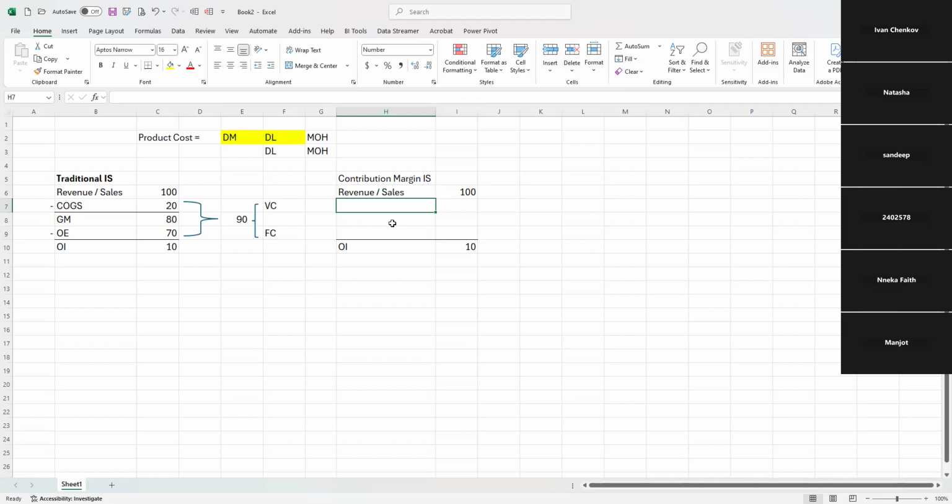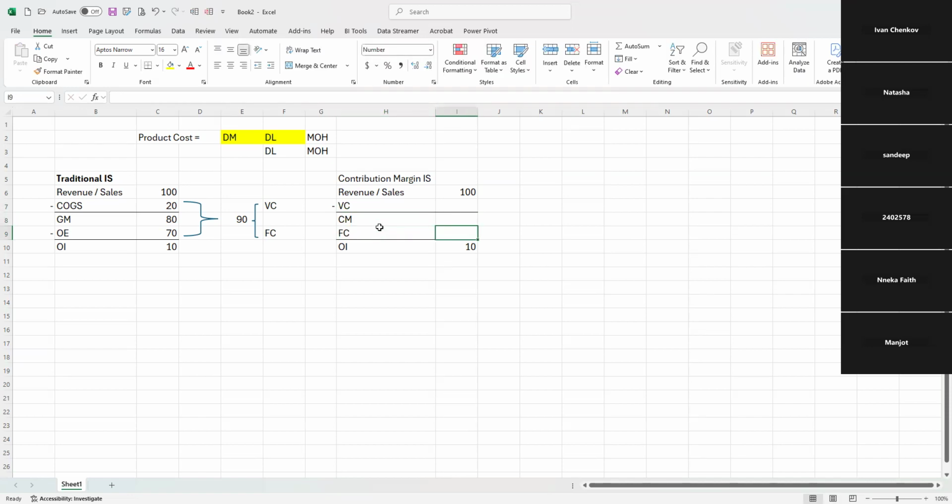In the middle, first, I'm going to have variable cost here. Once I deduct the variable cost from the sales, I'm going to calculate the contribution margin. That means how much contributes to me. And then I'm going to deduct the fixed cost.